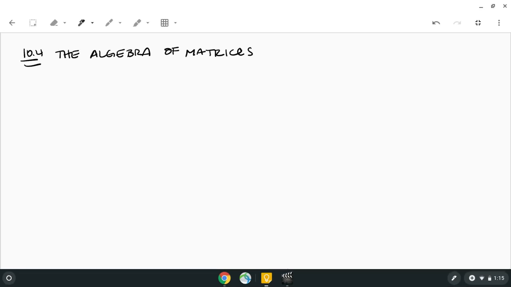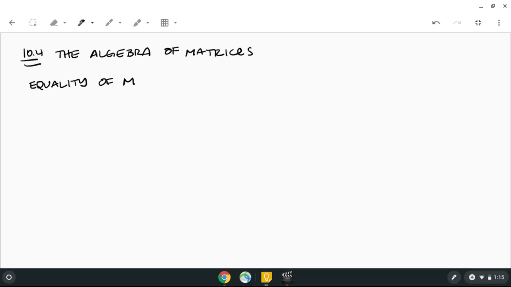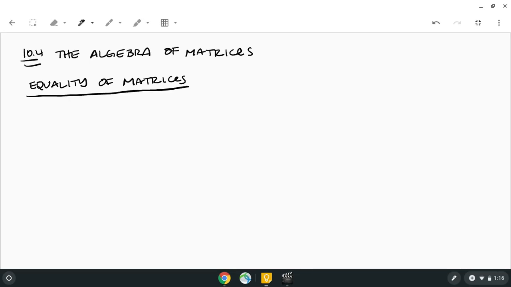Okay, so let's start with equality of matrices. This one's pretty straightforward.